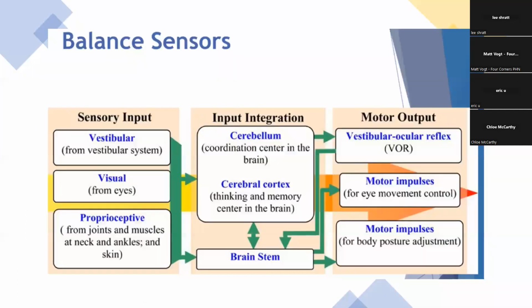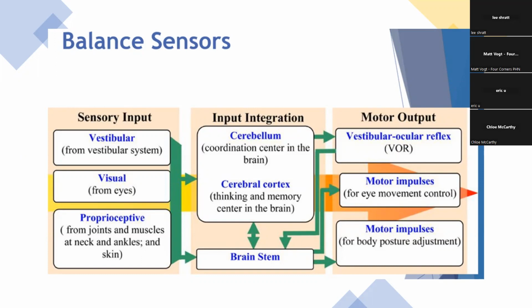This is an overview of our sensory system. It takes in the stimuli from our inner ear or vestibular system, vision, and our body, where we are in space, like proprioception. The proprioceptive system will send signals up through the spinal cord and also up through the brain.